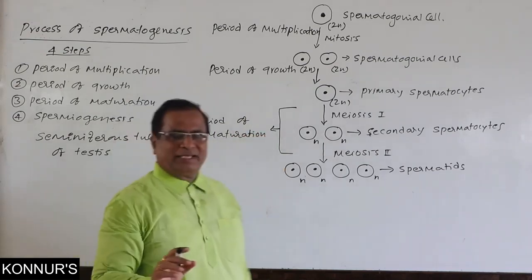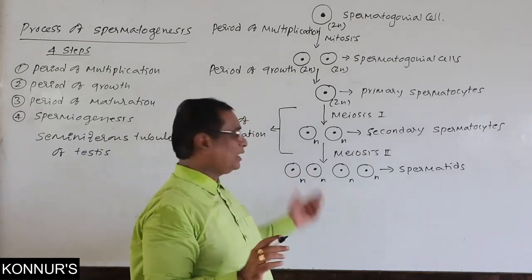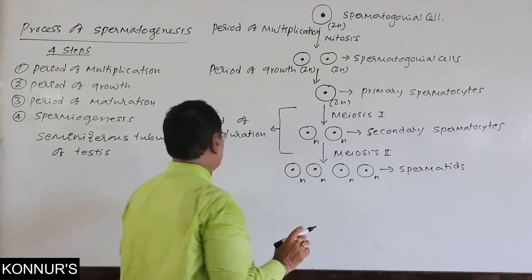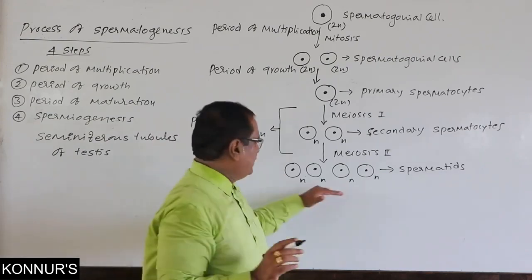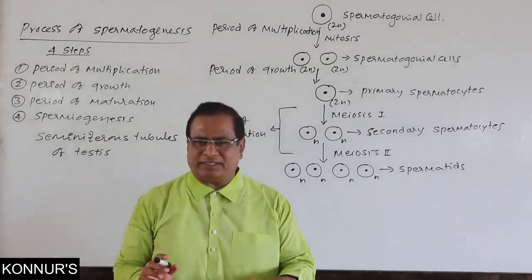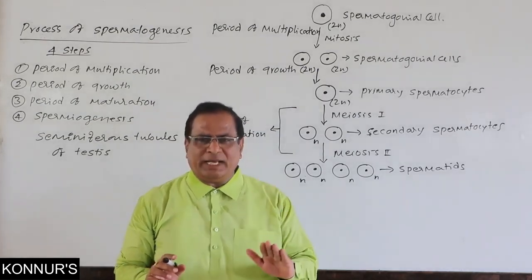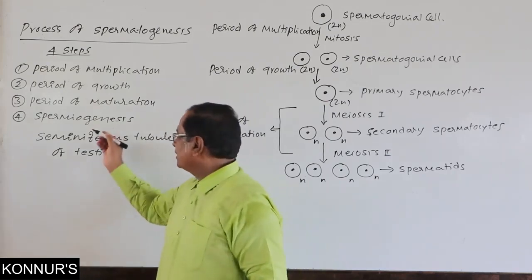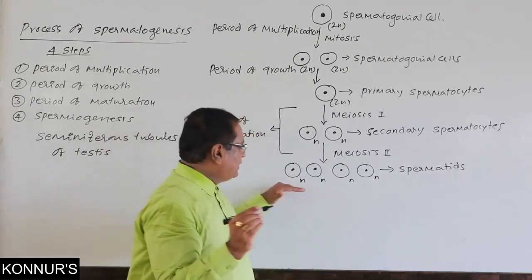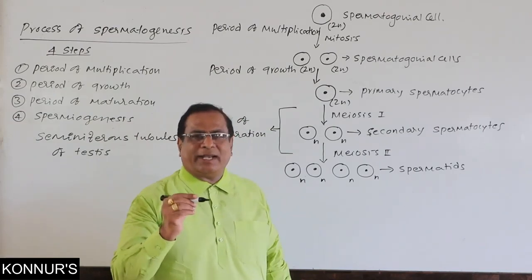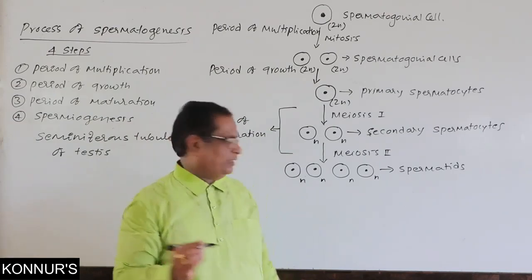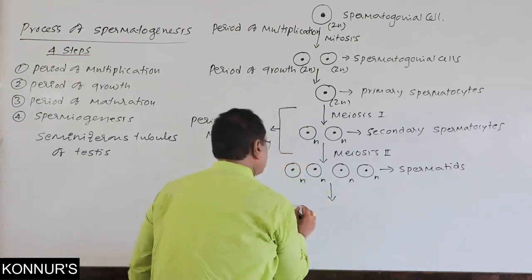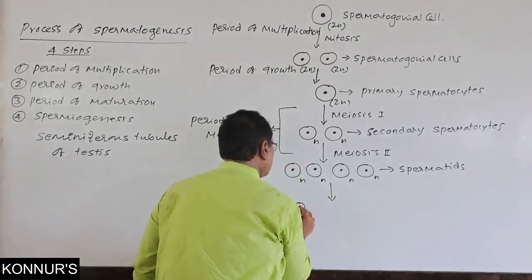Period of maturation is taking place like this. And the final step, spermiogenesis. These haploid spermatids are oval in shape. In the final step, that is spermiogenesis, these spermatids are metamorphosed into haploid sperms.